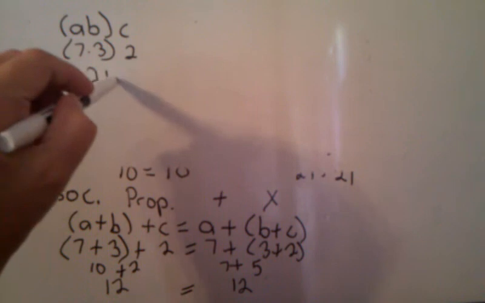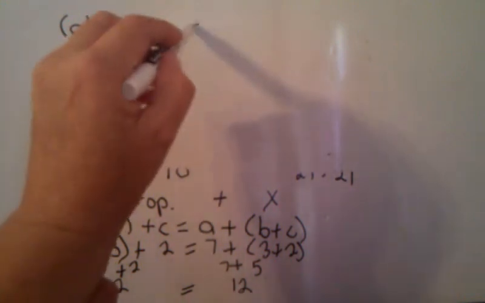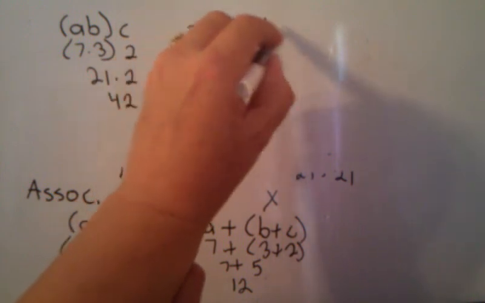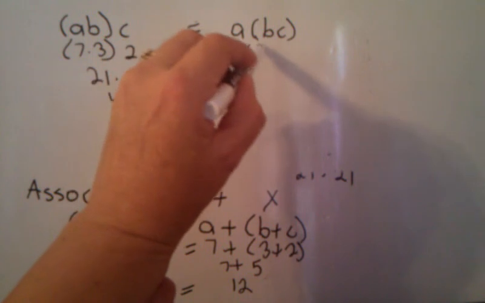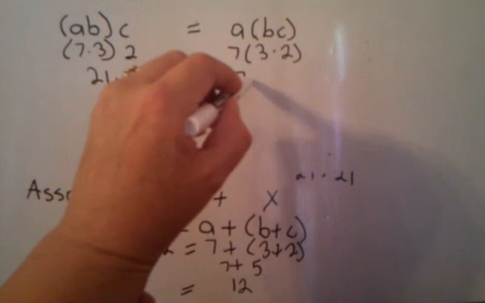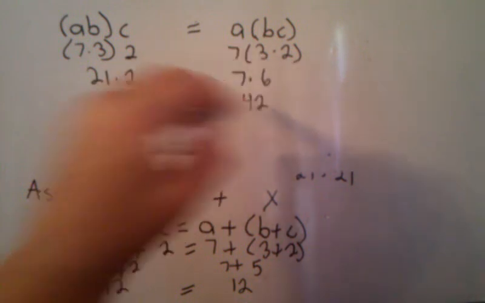So 21 times 2 is 42. But this associative property says that this is the same thing as A times B times C. So 7 times 3 times 2. 7 times, well, 3 times 2 is 6. 7 times 6 is 42.